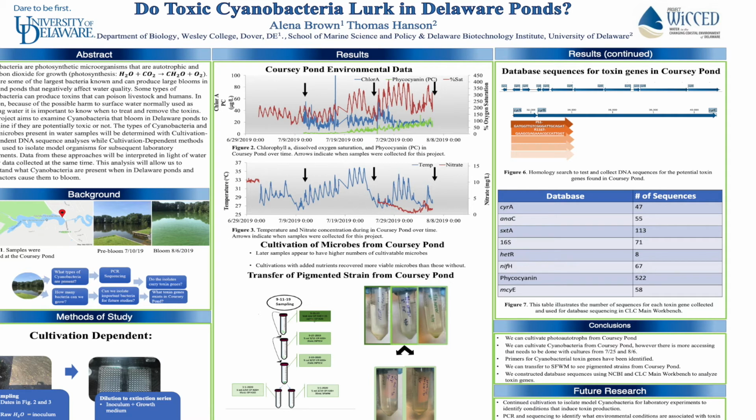This is because each gene here has its own separate function and its own different evolutionary trait. Using this, the toxin genes collected will be used for database sequencing in CLC Main Workbench.